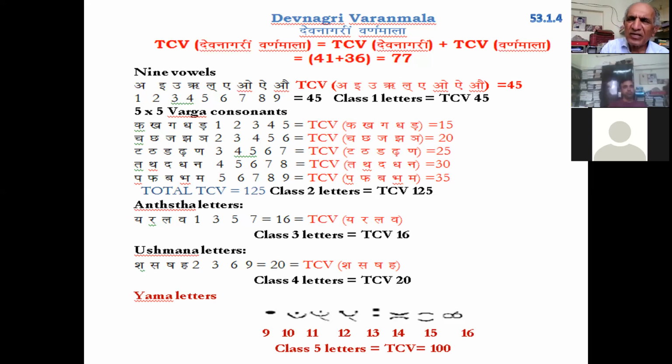This alphabet is of 5 groups, classes of letters. The first group is of 9 vowels, second group is of Varga consonants, third group is of Anthastha letters, fourth group is of Ushmana letters, and fifth group is of Yama letters. There are 50 letters in all.